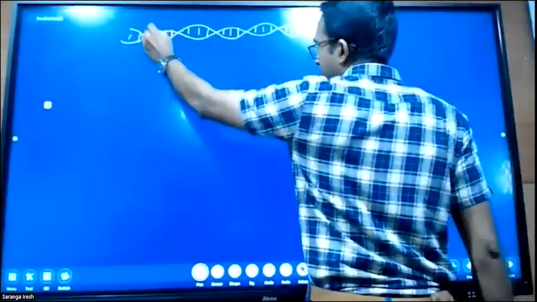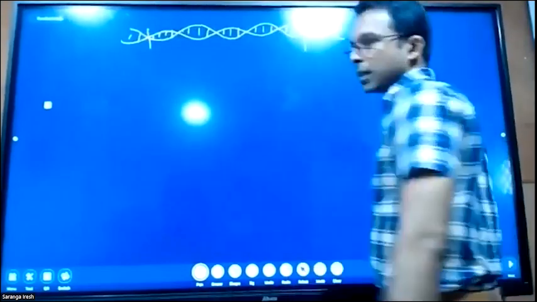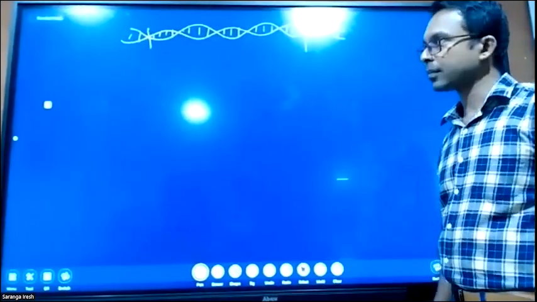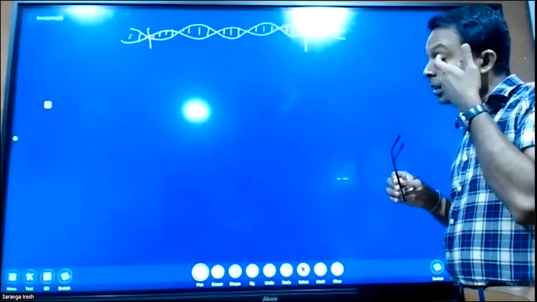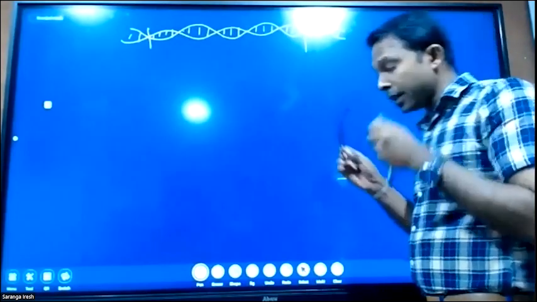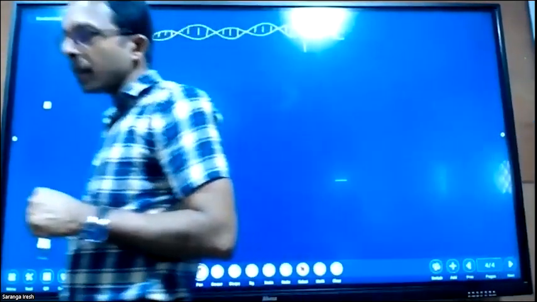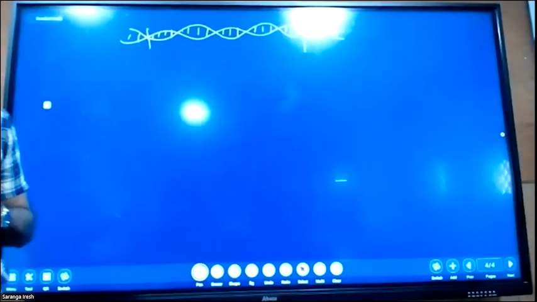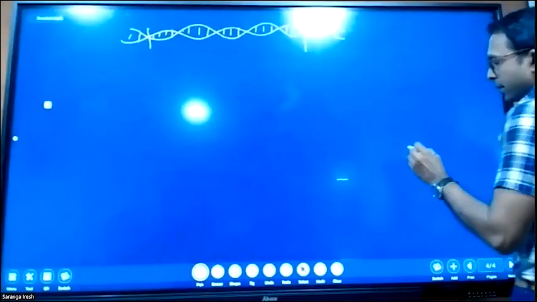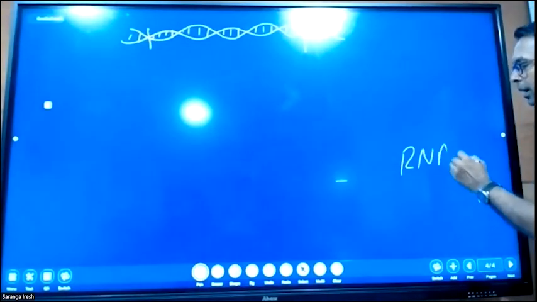Think that this is our gene region. Now, what happened here? In the nucleus, there is an enzyme called RNA polymerase, not DNA polymerase. RNA polymerase.